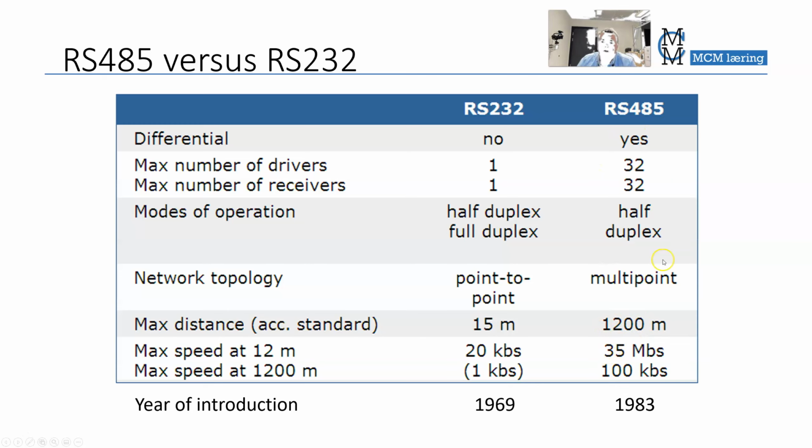So this is a more modern way of doing it, and compared to Ethernet, it's simpler, and it's slower than Ethernet, but it has so-called real-time communication, which means that it's predictable how long it takes to communicate a certain message. This one came in 1983, so it's still a bit old, but again, very much used in the industry.